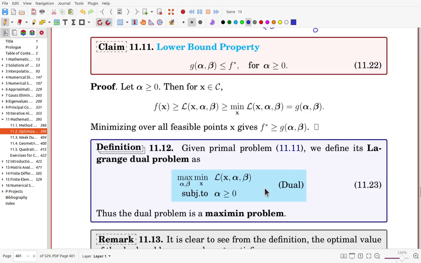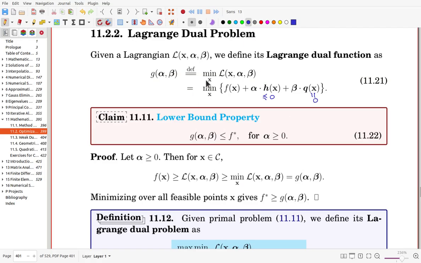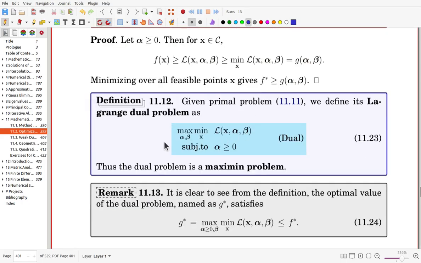Okay. Now, here we define the dual problem. So far, we considered the minimum part. And now we apply the maximum over alpha beta, subject to alpha being non-negative. So we formulate this problem, and we call it the dual problem, which is a max-min problem.